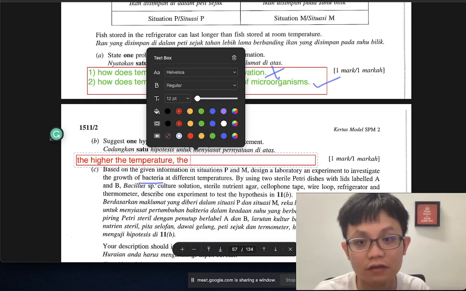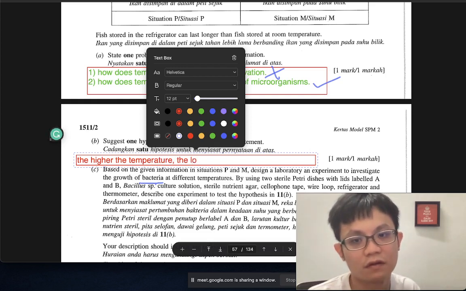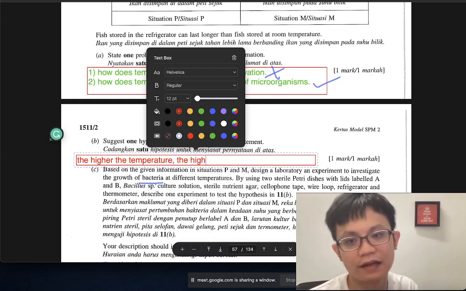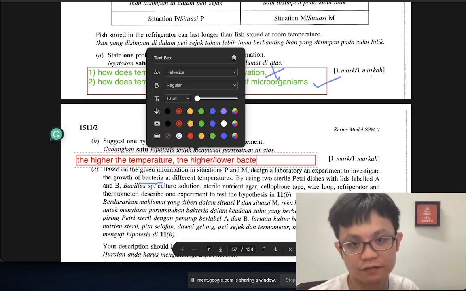Whatever, higher or lower bacteria growth. Lower should be, because the temperature is high, right? Okay, I put lower.